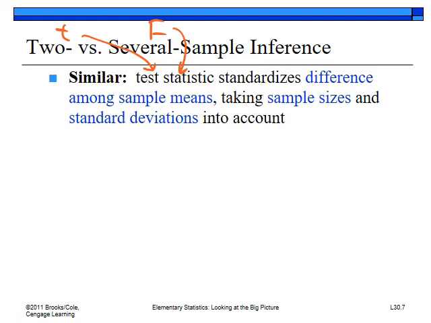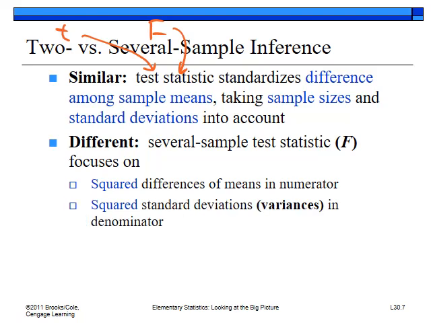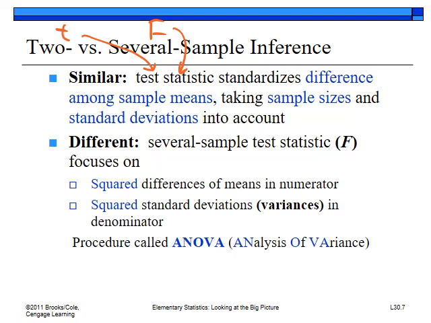They take sample size and standard deviations into account. But the difference is that F, the several sample test statistic, focuses on squared differences of means in the numerator, F is a fraction, and squared standard deviations in the denominator. The procedure that we use to perform hypothesis tests is called ANOVA, which stands for Analysis of Variance.